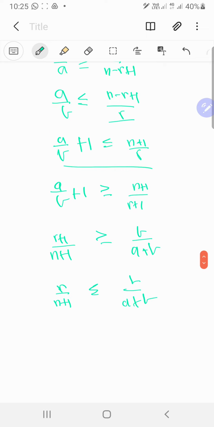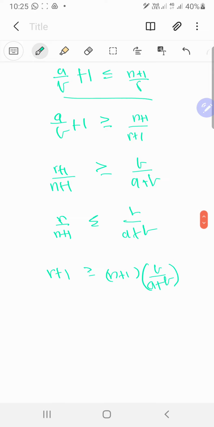Okay, that's nice. Maybe we can multiply by n+1 over there. So r+1 should be bigger than or equal to (n+1) times b upon (a+b). And similarly r is less than or equal to (n+1) times b upon (a+b).